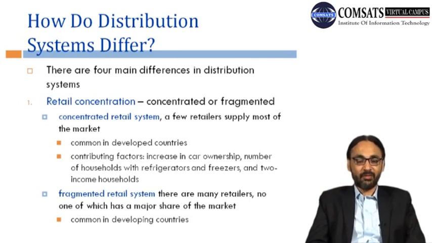The fragmented retail system has many retailers, no one of which has a major share of the market. Common in developing countries, we don't have that many big malls and big stores. Rather, we have small mom and dad shops, and that's why market concentration is low.